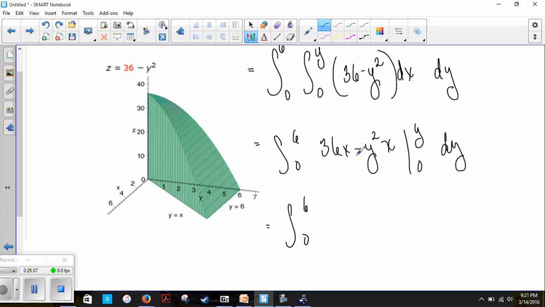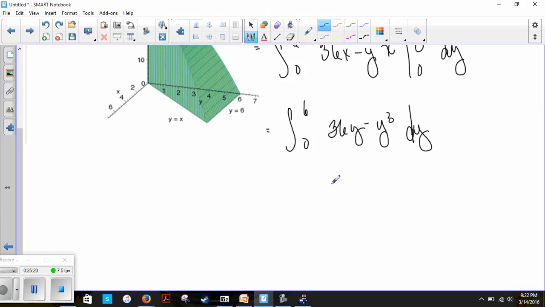And zeros will wipe everything else out, so I really just have to worry about the y. 36y minus y cubed, dy. 36y squared over 2, also known as 18y squared, minus y to the 4 over 4, 0 to 6. Plug in 6's. You could do that without me. You don't need me to plug in 6's for you.